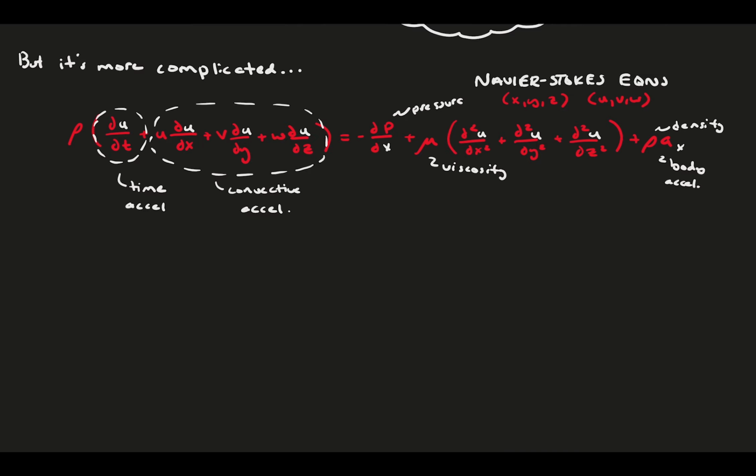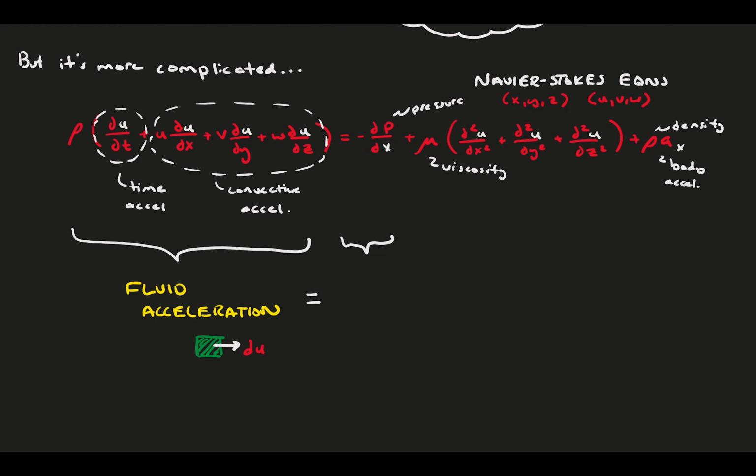Now, you don't need to be able to solve these equations for robotics. They're actually famously impossible to solve. But what we do need to know are where the forces come from. The left-hand side are all terms dedicated to fluid acceleration, or how the fluid responds to the force by accelerating in time or space. On the right, we have the three force sources.